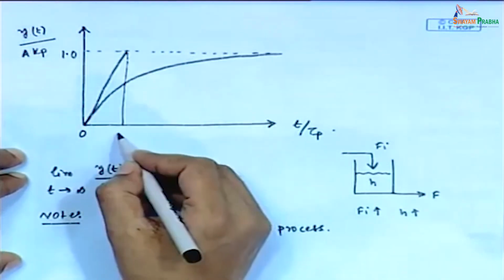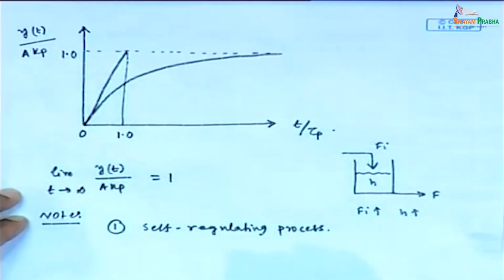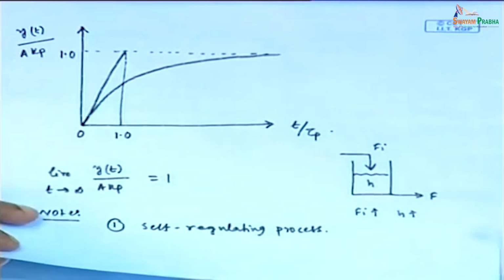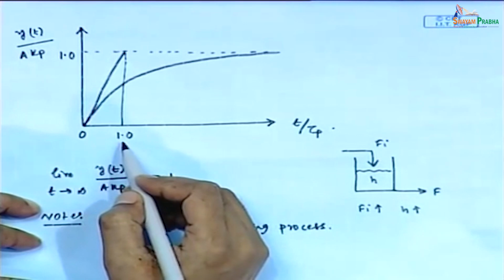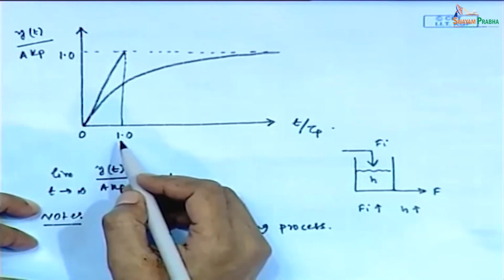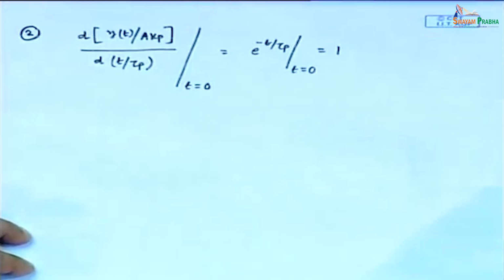So, can we say that if the initial rate of change of y t were to be maintained, the response would reach its final steady state value in one time constant? If this is 1, that means t by tau p is 1, that means t equal to tau p.